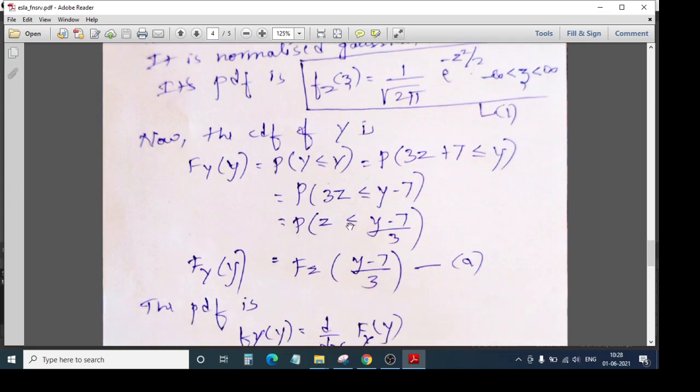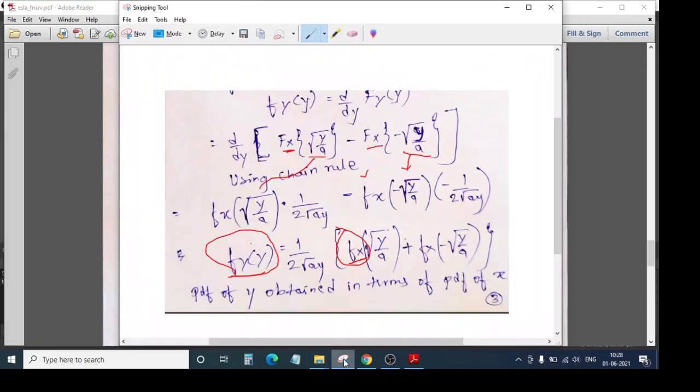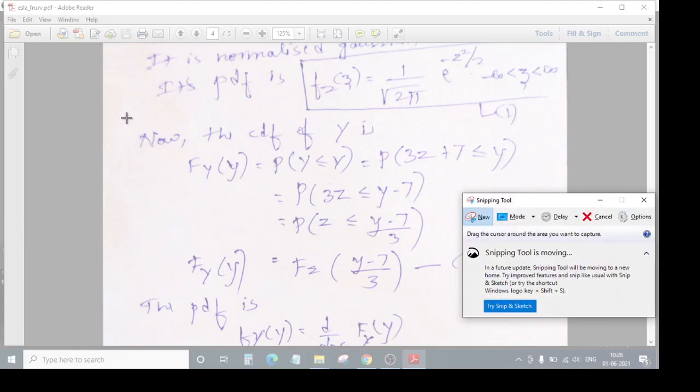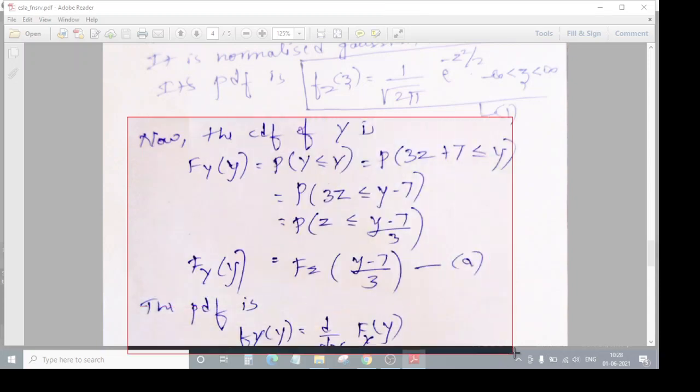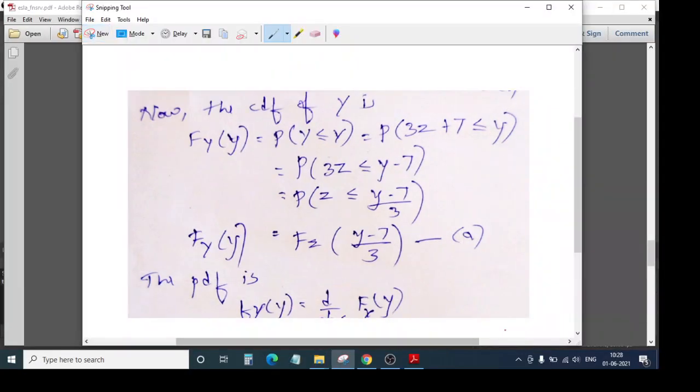So if you observe this, please compare this equation with this equation. When you compare, you can see that it is nothing but Z here. Okay, so I'll just show it if you are getting confused. Actually you should not be confused, because this is the third time we are doing it. So what did we do now? This is our formula, P(Y is less than or equal to y).